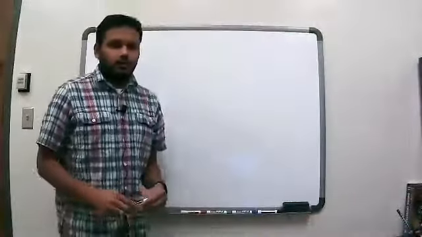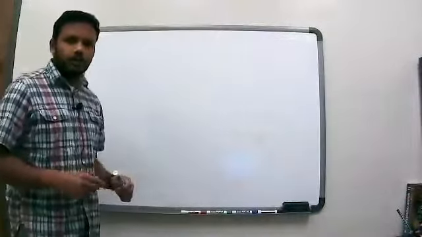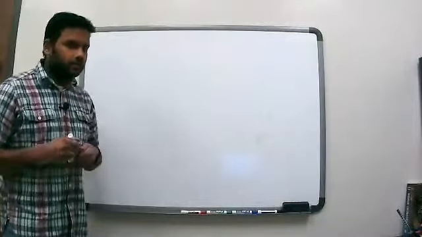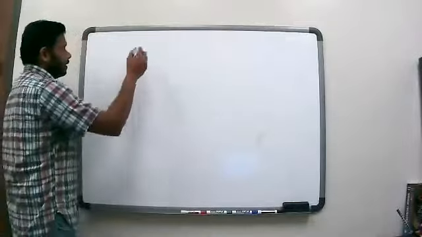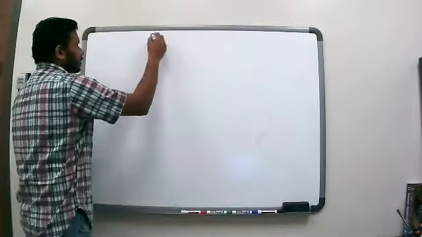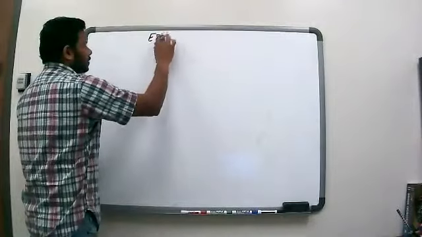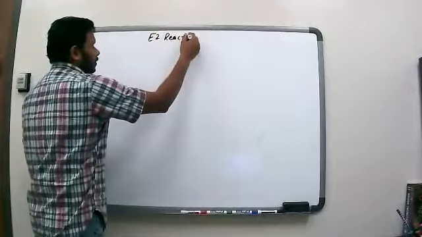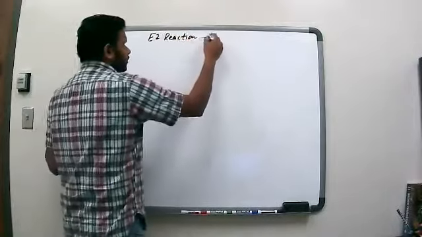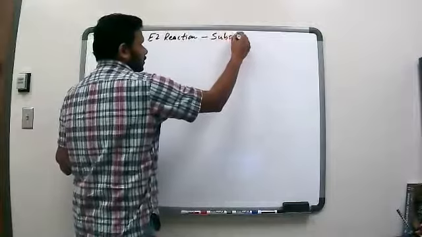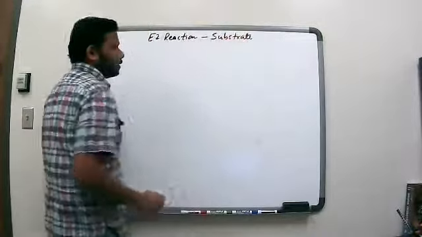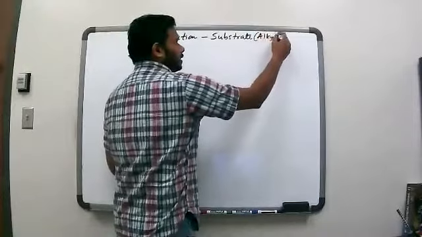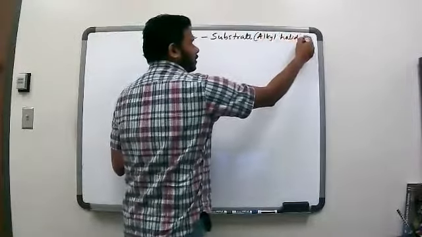Okay, so what we're going to do here in this video is, again, continue on with E2 reactions. Specifically, in this particular video, we're going to discuss the E2 reaction with respect to the substrate in the reaction, which is the alkyl halide.